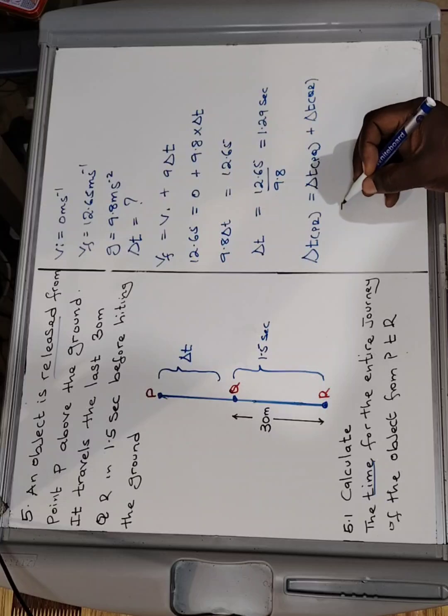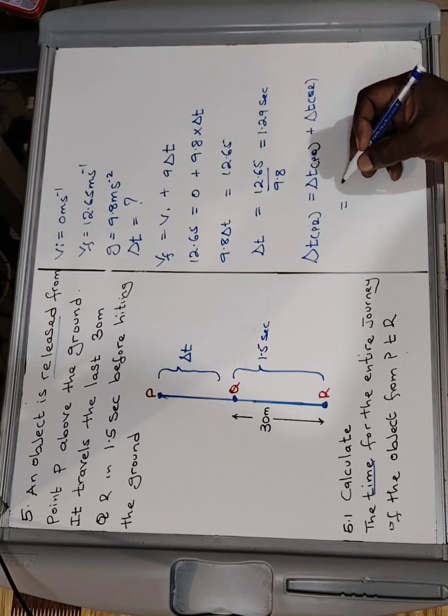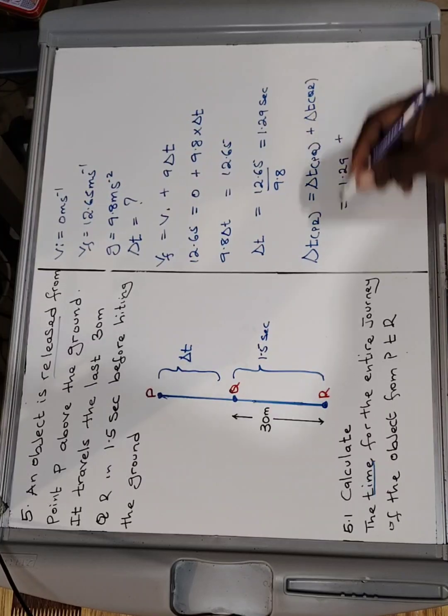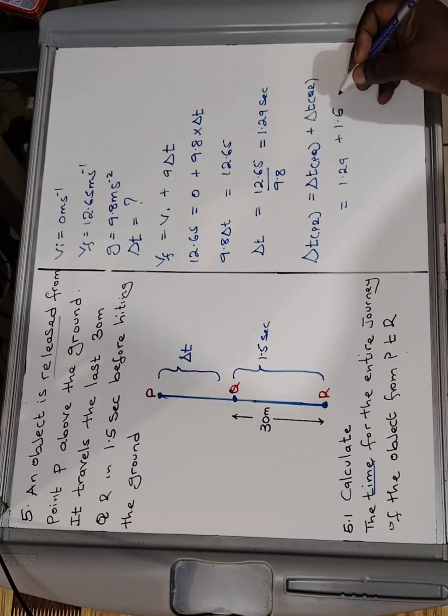So what do we get here? This one we have just found out is 1.29, and this one we know as 1.5.